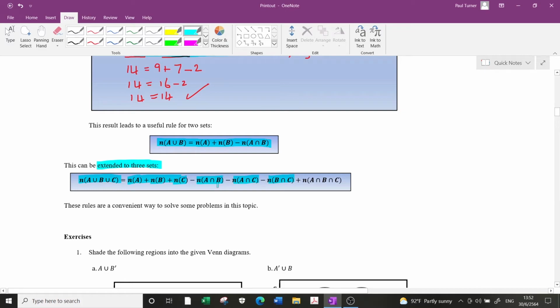So A intersect B minus A intersect C minus B intersect C. But at the end, we add the intersection in the middle of the diagram. And this also works for every kind of set question. This is very useful for some questions that you'll see later.